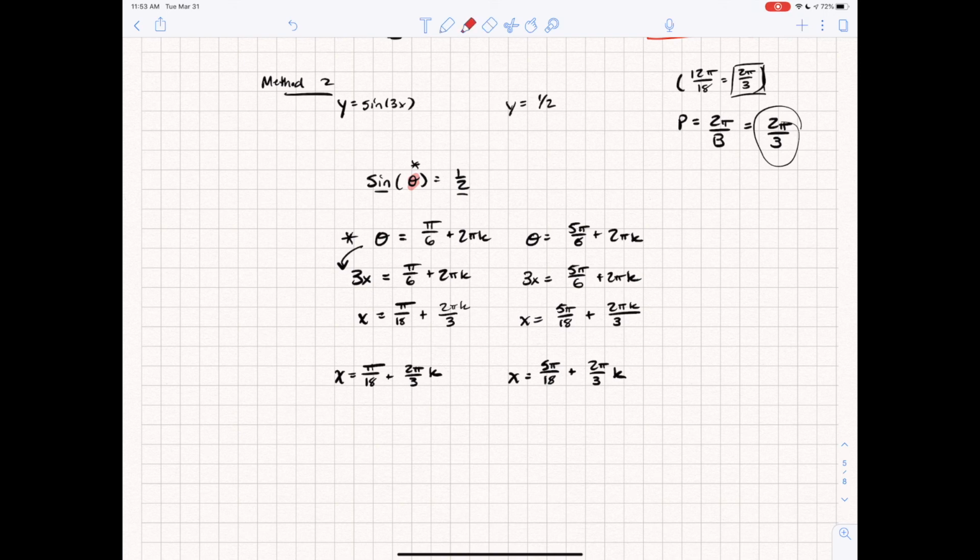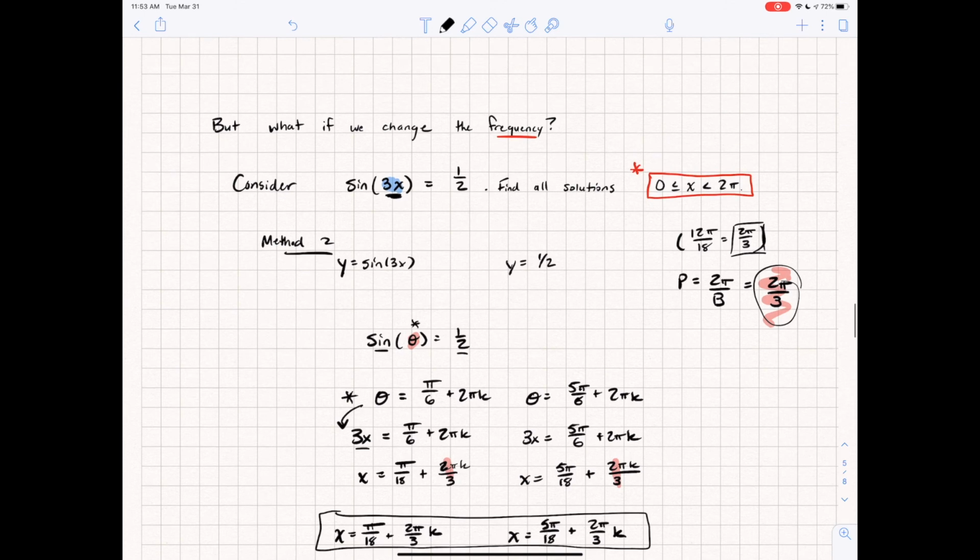And if you see, there's that period. We don't have to try to solve for it. So when we have a frequency change, you solve the problem like normal, adding 2 pi k and everything. But once you need to solve for x, make sure you're dividing both pieces by that. So then I have my general expressions here.